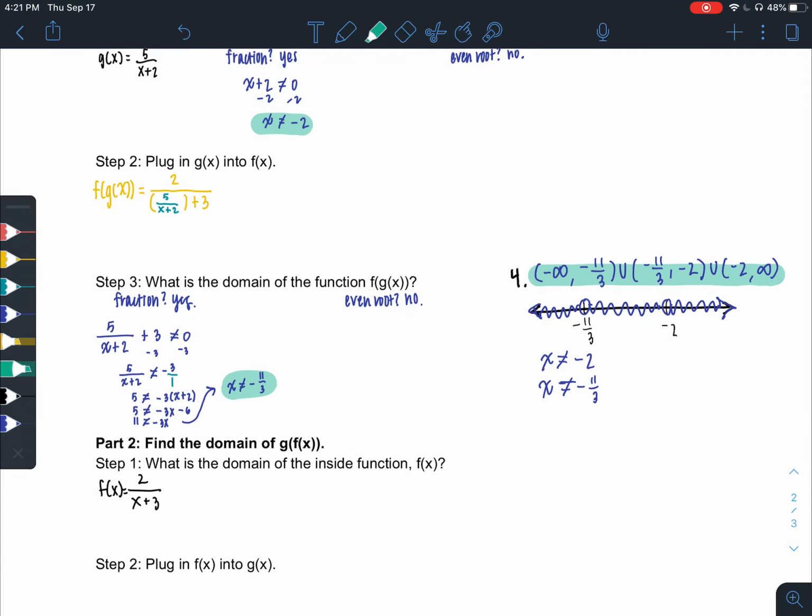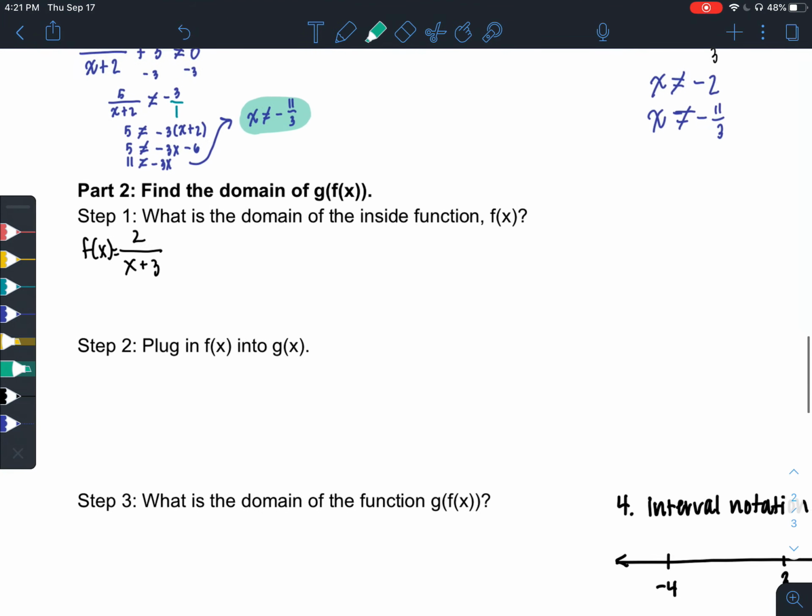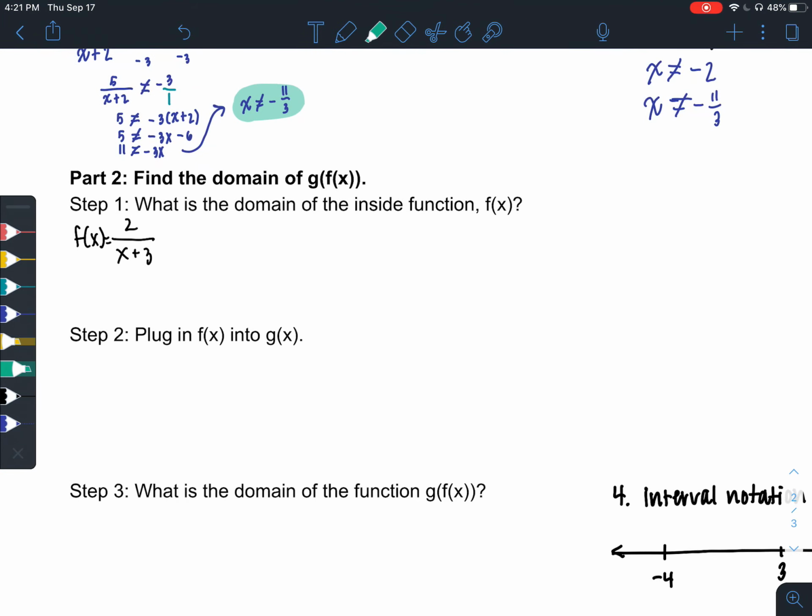All right, moving on here, we're going to find the domain of g of f of x. So first, go ahead and find the domain of the inside function. Now, what you should have put for that is, you say, is there a fraction?